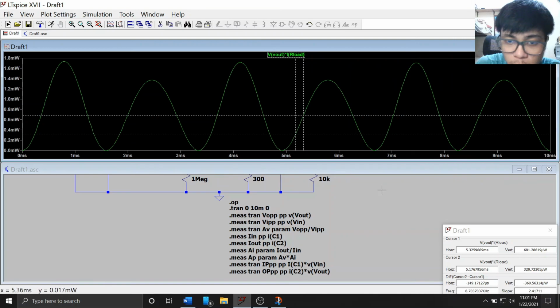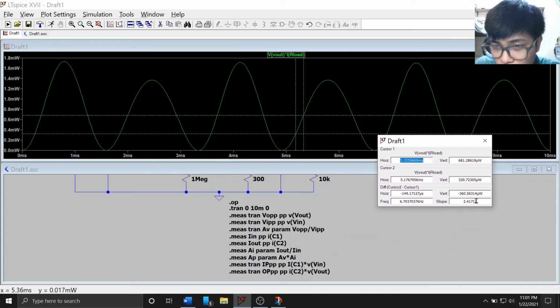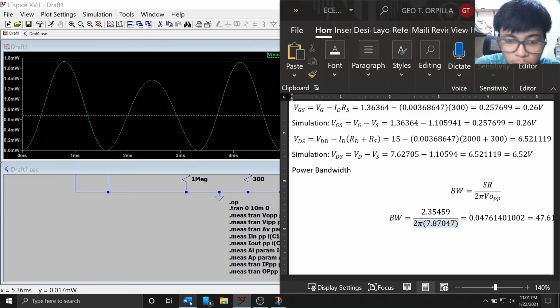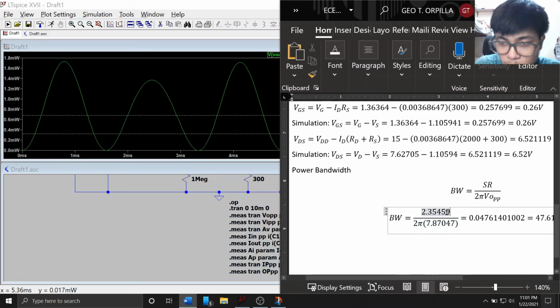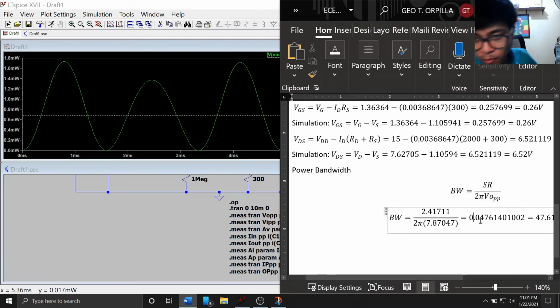If we place two cursors here, this would give us the slope. We're going to input this here and solve using a calculator.